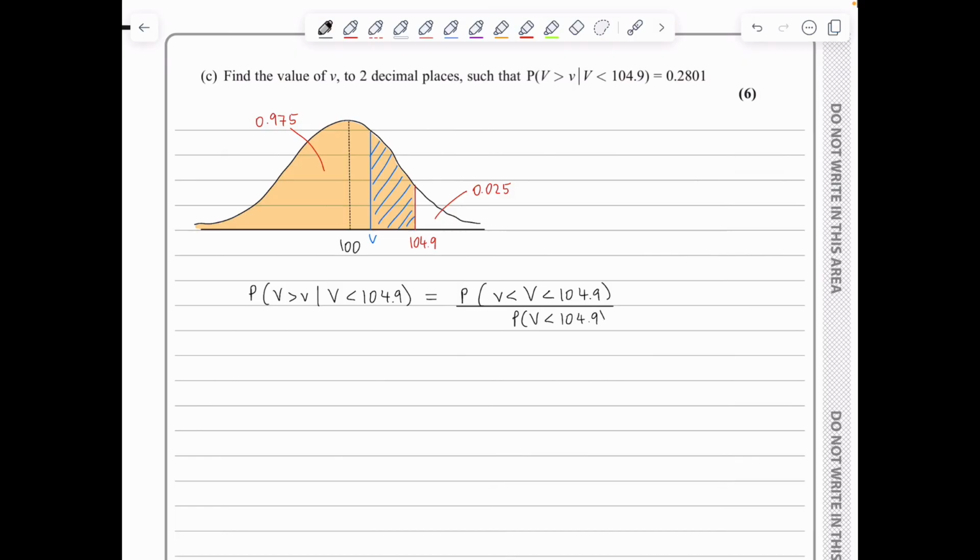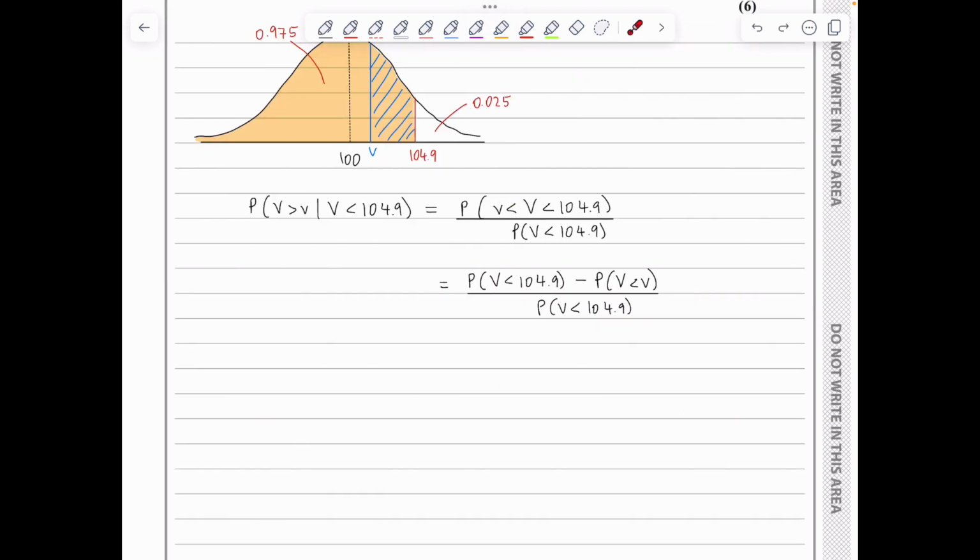So I can write this as the probability of capital V less than 104.9 minus the probability of capital V less than small v, over the probability of capital V less than 104.9.